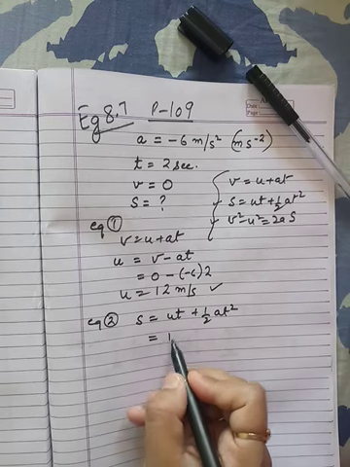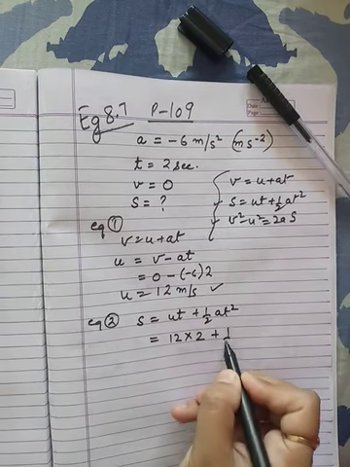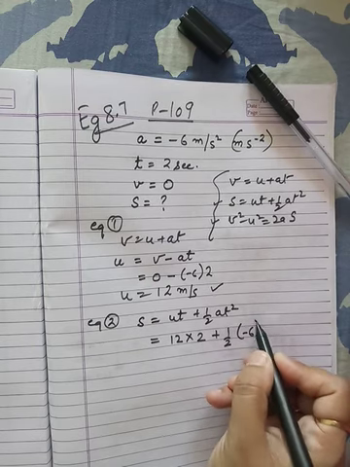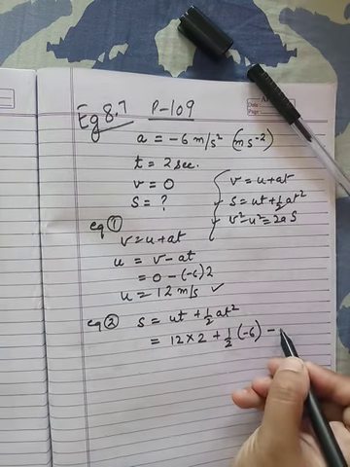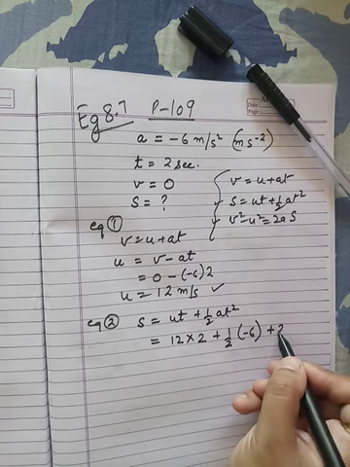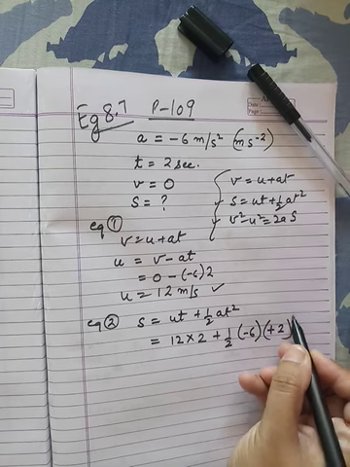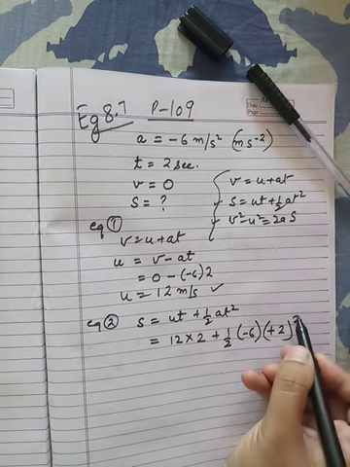Then what is u? That is 12. What is t? That is 2, plus half. What is a? Minus 6. What is t? t is 2, so it is square actually. So a is minus 6, t is 2 square.